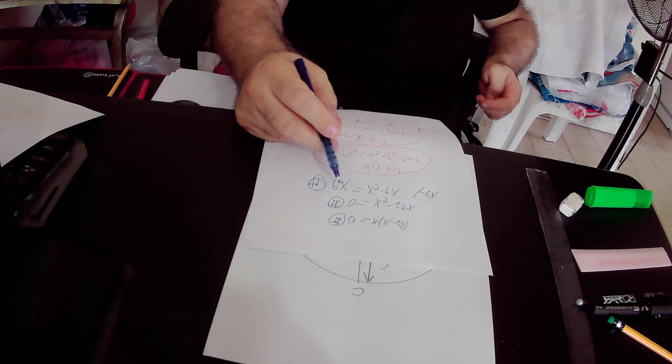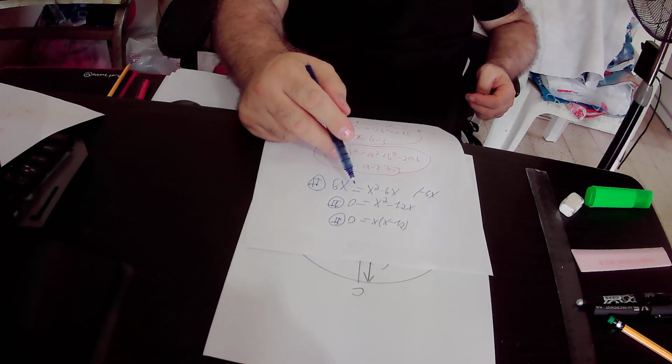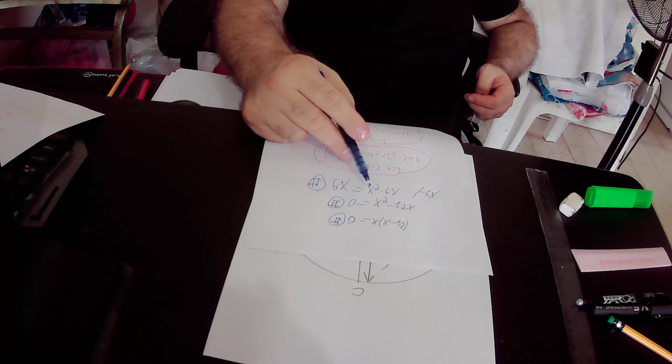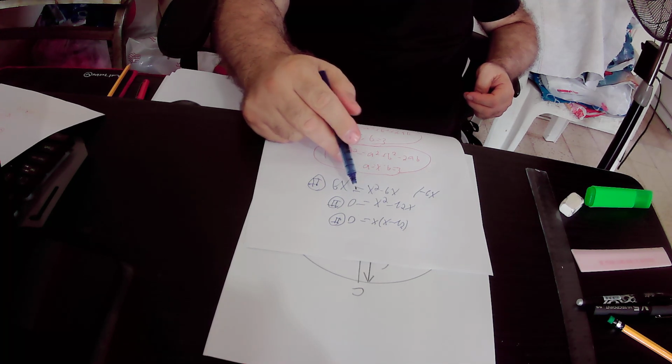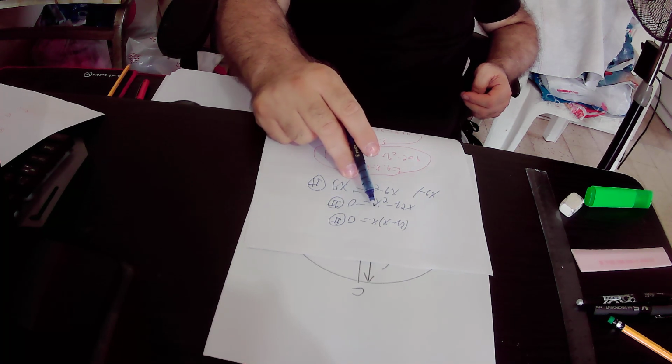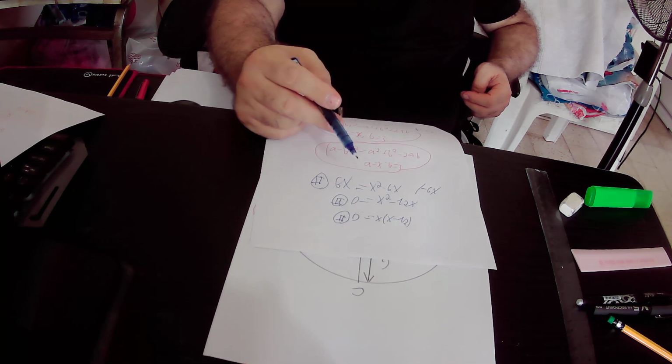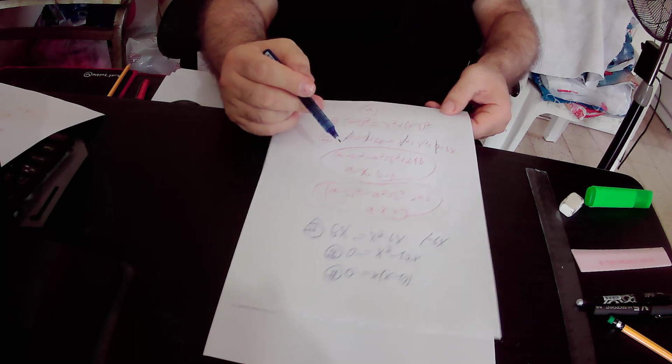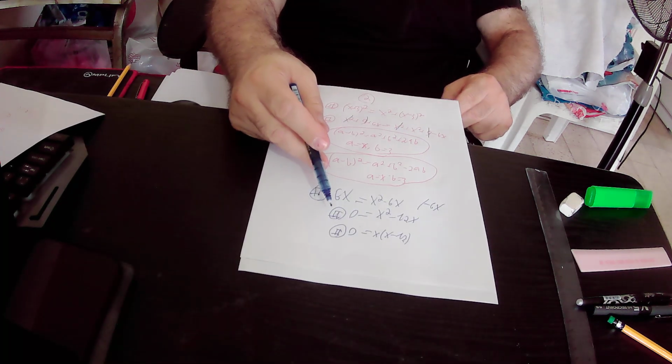So here we took out a common factor x from this equation. We got that 0 equals x times x minus 12. Here we have two solutions to this equation.